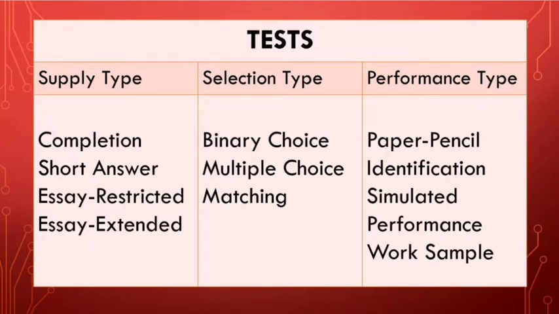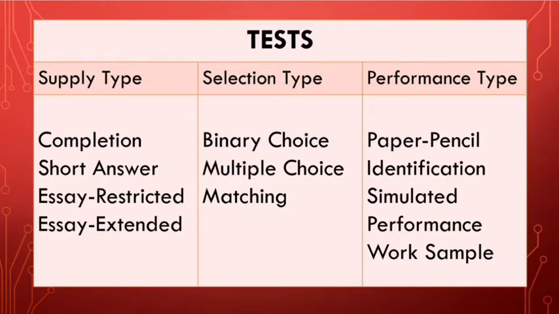Now, upon learning these different categories, we should bear in mind that these three types of tests have their own advantages and disadvantages. So we could use one specific type of test depending on the need, depending on the demand of the situation. Definitely, if your goal, for instance, is to test the understanding, test the fact recall of the learner, we could use the supply type of test.